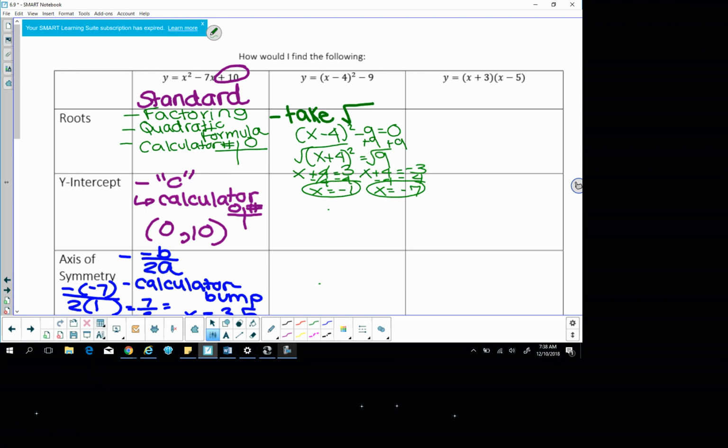So the easiest way to get your roots when it's in vertex form is to just plug in 0 for y and solve. The easiest way to get your y-intercepts is either use your calculator or convert to standard form. We'll do that in a second.